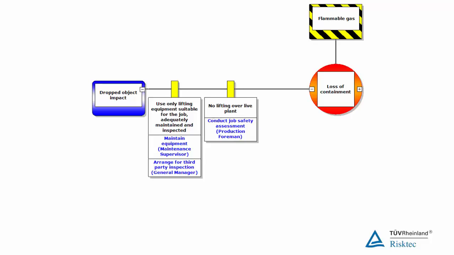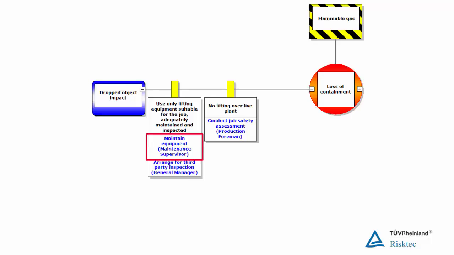And then we go on to ask who does that activity and how do they know what they have to do. For example, for the measures protecting against dropped object impact, the first barrier requires that the equipment is regularly maintained. A similar safety critical activity will occur anywhere on the Bowtie where there is a barrier that is a piece of equipment.